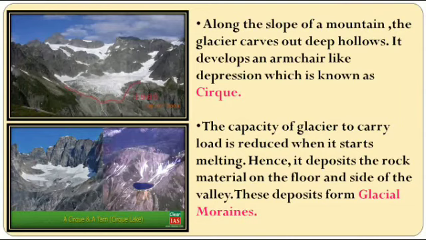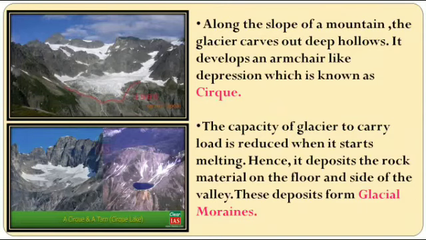Here, the red color with the red line shows the blank area where nothing was there, but when the snow melts, it forms a tarn area. A hollow area is filled up with the melted water of the snow, and that is known as a cirque. In the next picture also you can see the tarn area, and they are like an armchair. It is shaped like an armchair, naturally an armchair.